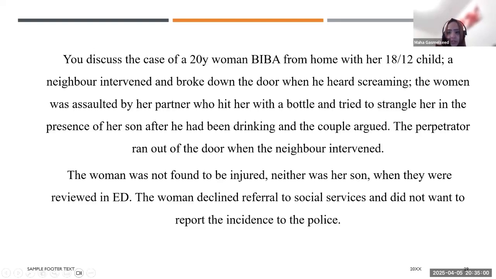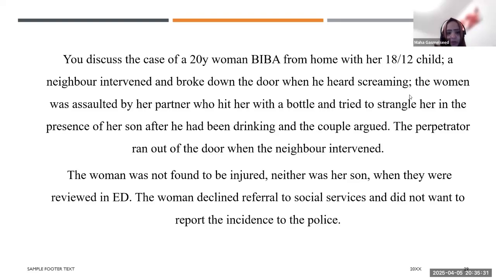This one says, you discussed the case of a 20-year-old brought in by ambulance from home with her child, who is 18 months old. A neighbor intervened and broke down the door when he heard her screaming. The woman was assaulted by her partner, who hit her with a bottle and tried to strangle her in the presence of her son after she had been drinking and the couple argued.